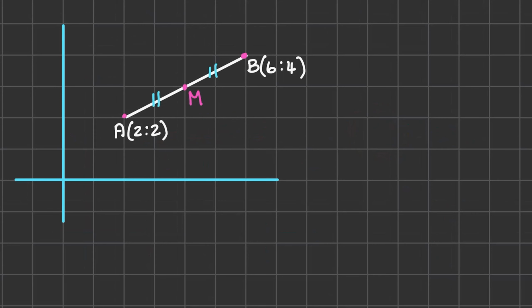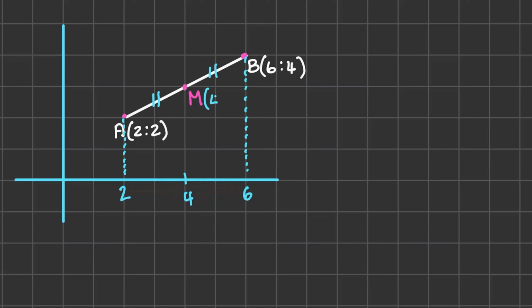In our second example, we are given a line segment AB with its coordinates, and we want to find the coordinate of M. So again, let's start with the x values. The x of A is 2, and the x of B is 6. And the number right in the center of 2 and 6 is 4.